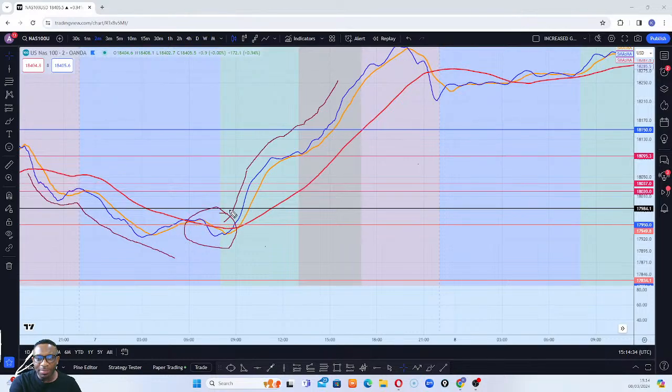If price is above the 200 moving average, which is this red line, and above the 20 moving average, it will definitely be above the 50 moving average, which is this yellow or orange line.